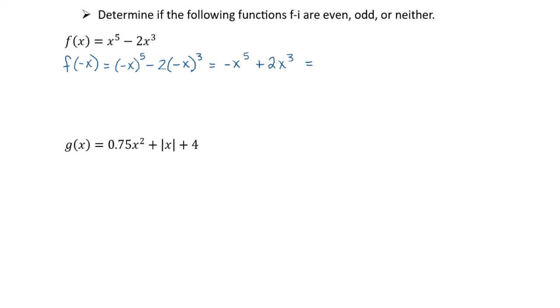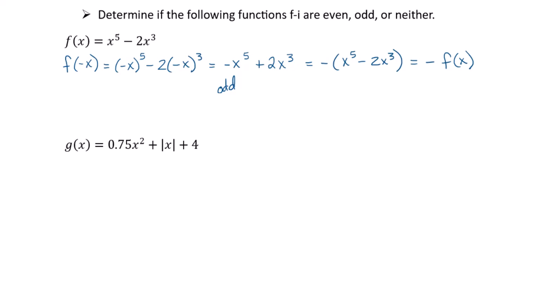And we can see that this is negative of x to the fifth minus 2x cubed, or in other words, this is the opposite of f of x. So based on our definition, f of negative x is equal to the negative of f of x. This means that this function will be odd.